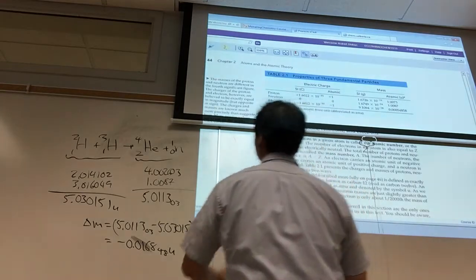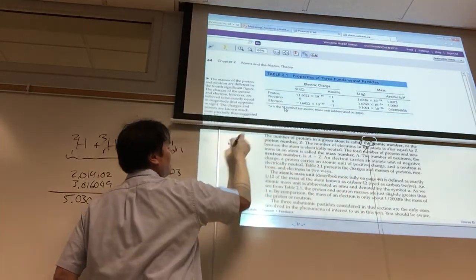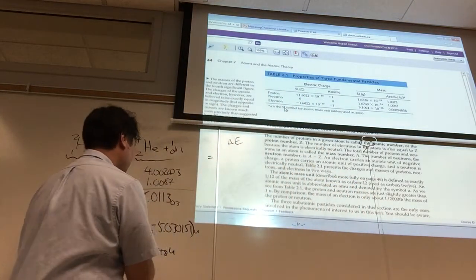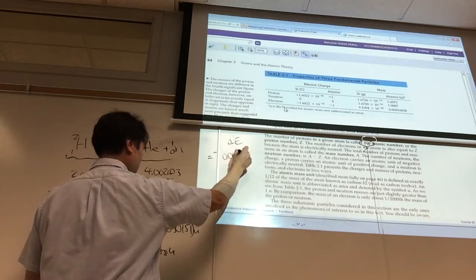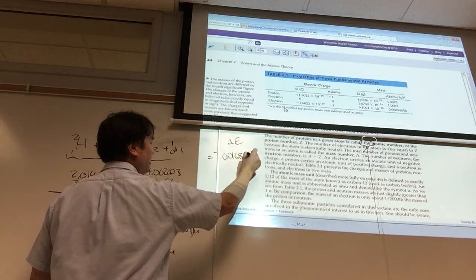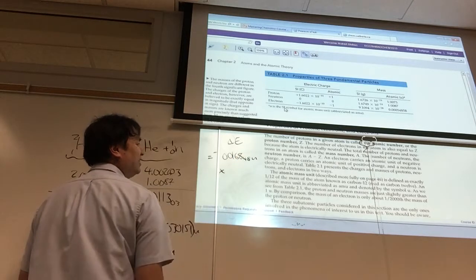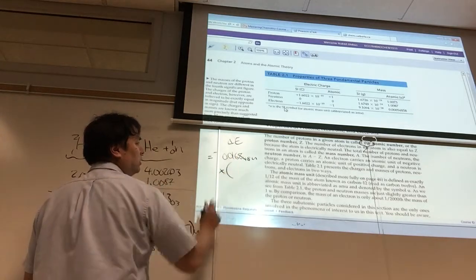Then we just plug it into our equation. The energy change, delta E, is equal to delta M, the mass change. And so this is just going to be minus 0.018848 U times, we got to convert U into kilograms.